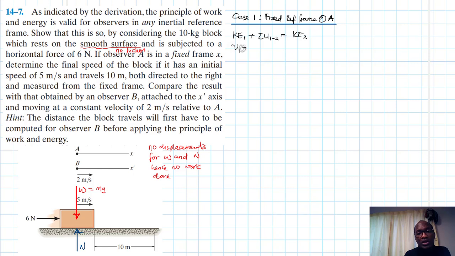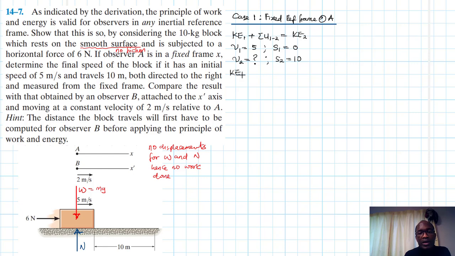So our initial velocity V1 is equal to 5 meters per second. Then S1 is equal to 0. V2 is what we are looking for. S2 is equal to 10.